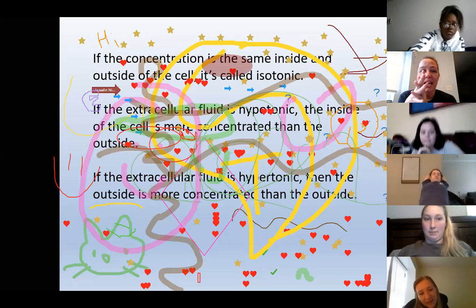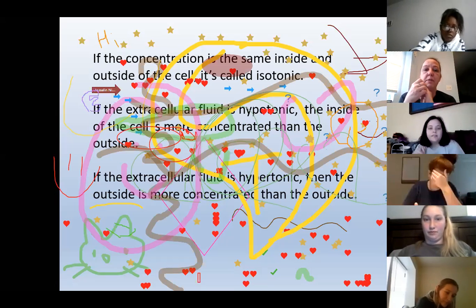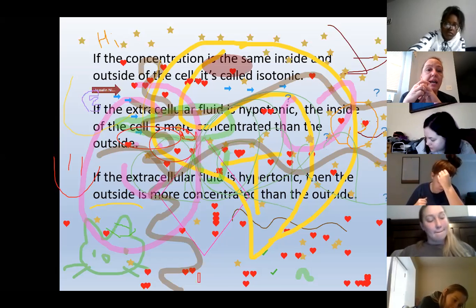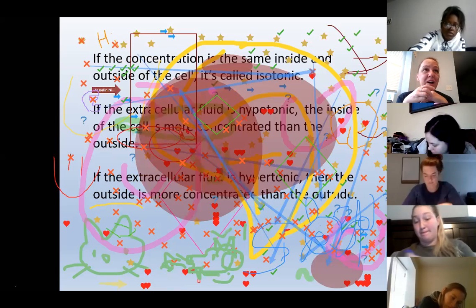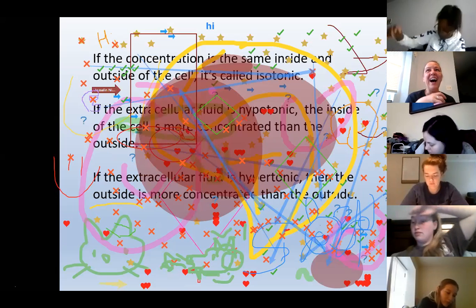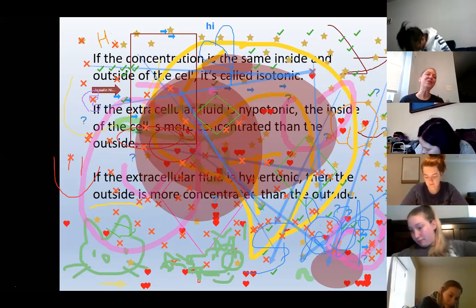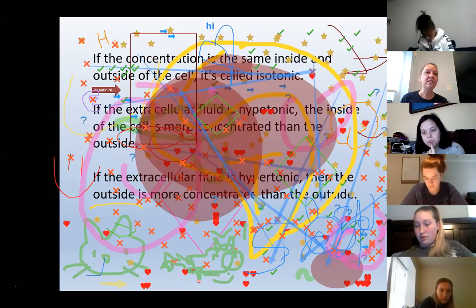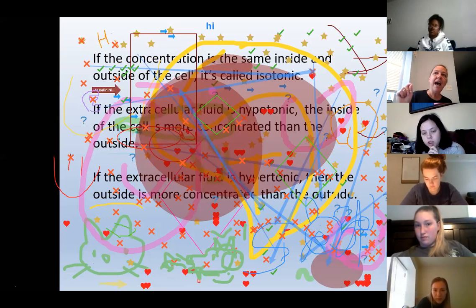So, here's what I'm going to do going forward, because I did not know this was an option. I didn't realize I could give you the option to draw on my PowerPoints. And I am going to leave this option open for you at all times.